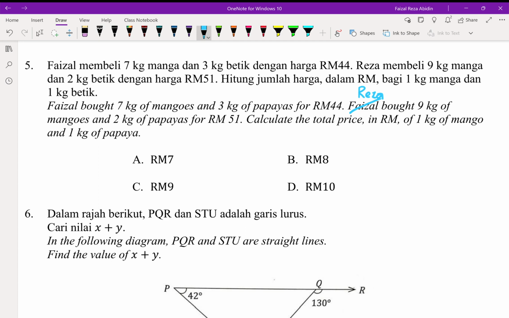Cikgu, before we answer this one, we need to go to the market first, because we need to know the price. Okay, so this one you must do what first? What must you do with question number 5 over here?